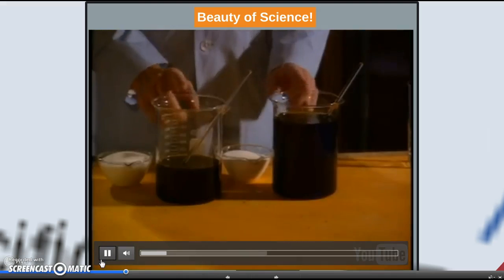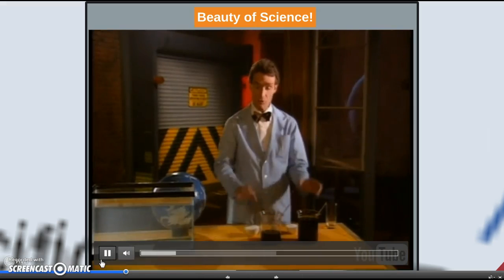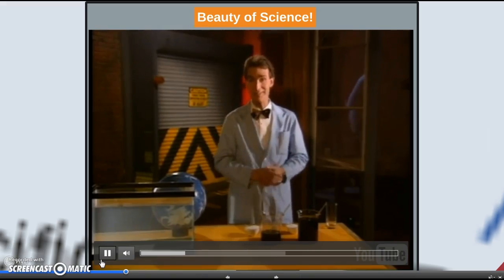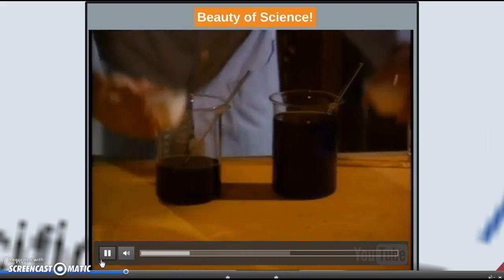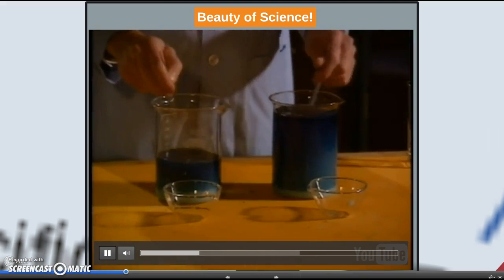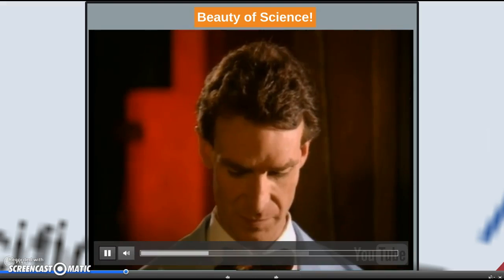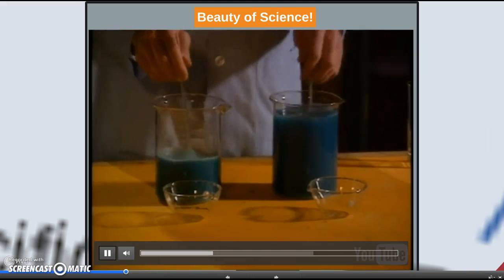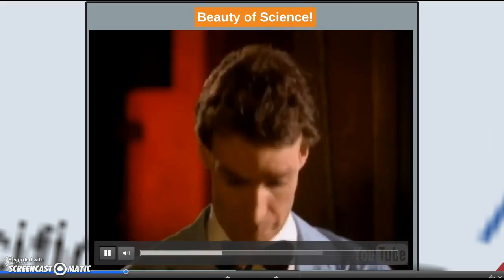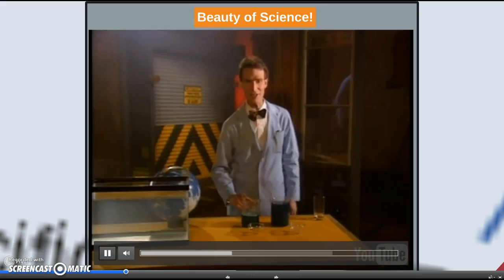Here we have some colored water, and here's some salt. Now suppose we dissolve these equal amounts of salt in this water. Which one is going to taste salty? I don't know. Well, let's try it. Well, that's easy.